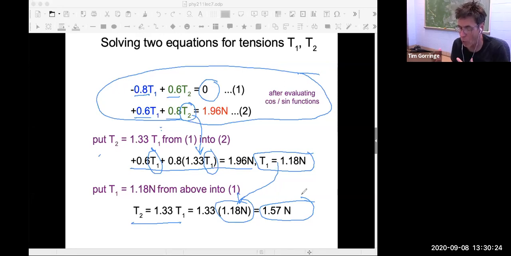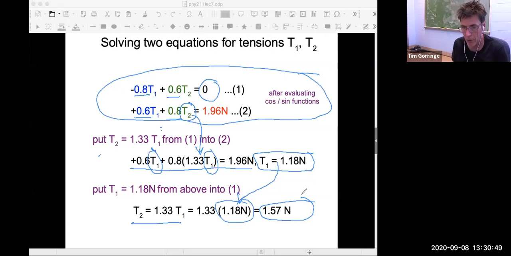It looked like it was about 1.5 newtons, and it is 1.57 newtons. And the tension in the cable that was making the smaller angle was smaller. It looked like it was a little over 1 newton, and it is a little over 1 newton. We found it's 1.18 newtons. And so we've been able to solve this problem quantitatively by applying the equilibrium condition.